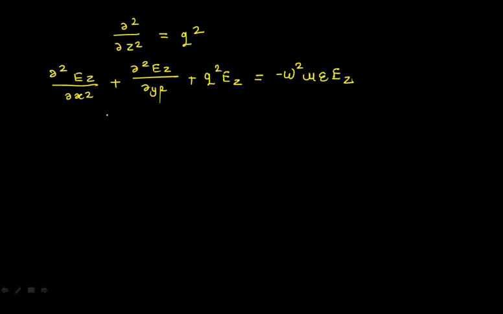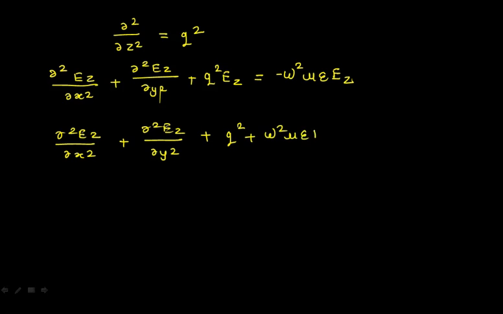So the minus term, you bring it to this side: d square Ez by dx square plus d square Ez by dy square plus gamma square plus omega square mu epsilon Ez. Again you are having an Ez, so take that Ez common here, so you'll get Ez times gamma square plus omega square mu epsilon is equal to 0, and these terms will be as they are.